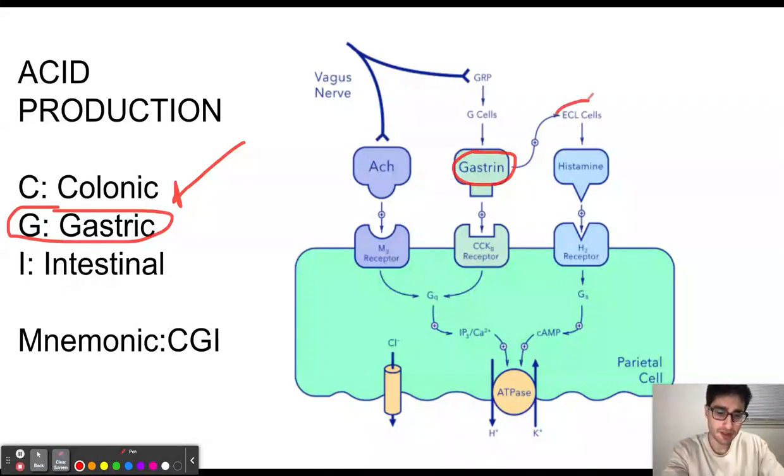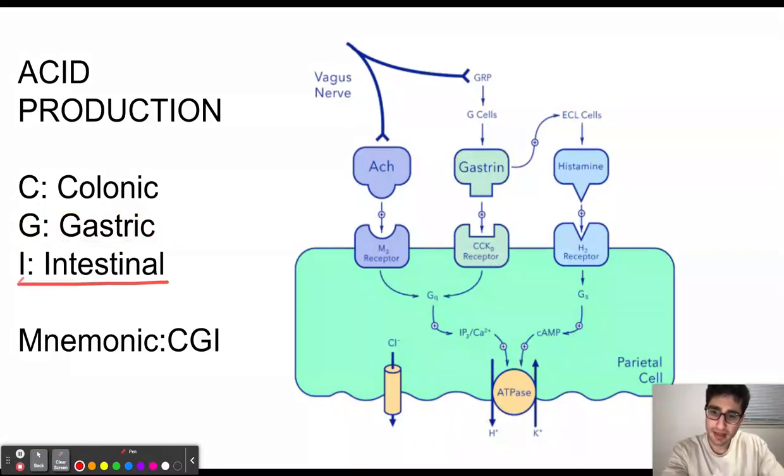And remember, gastrin is going to be responsible for doing two things: for stimulating the enterochromaffin-like cells and also binding to the CCKB receptors. And remember, ultimately, the downstream effects of these two activities is going to be to increase the activity of the hydrogen potassium ATPase found on the parietal cells to produce acid. So that is the gastric phase.